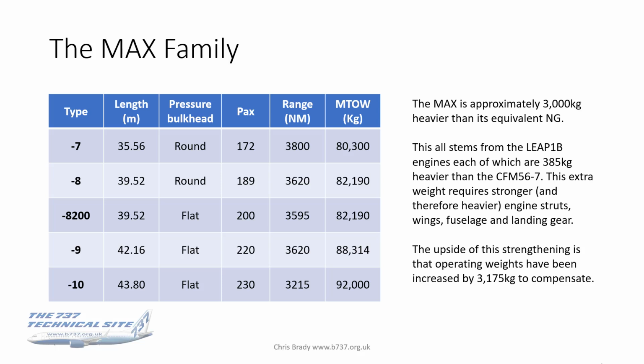The extra weight difference was the strengthening around that. So that the engine struts, the wings, the fuselage, and the landing gear. But all of that strengthening enabled the aircraft to reach the higher max takeoff weights that the increased thrust of the LEAP would afford. And typically all of the operating weights are up by just over 3 tons, so you certainly get the weight back.